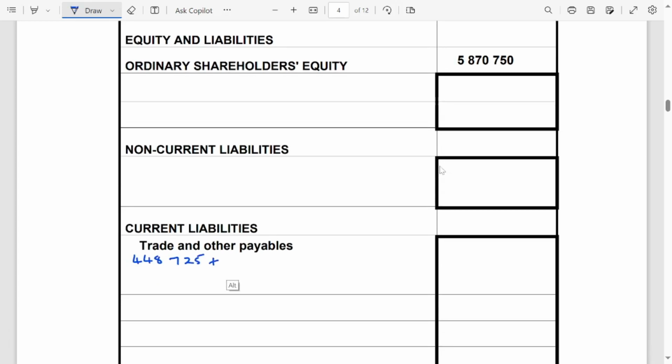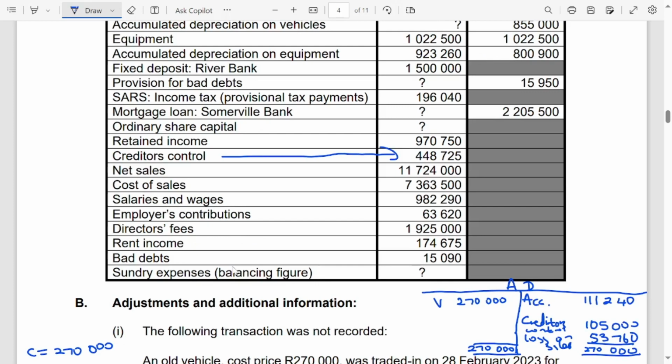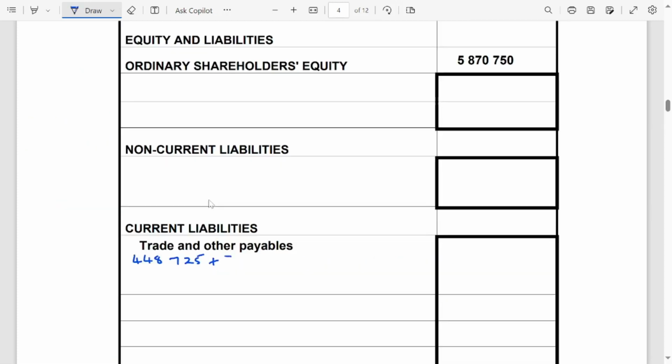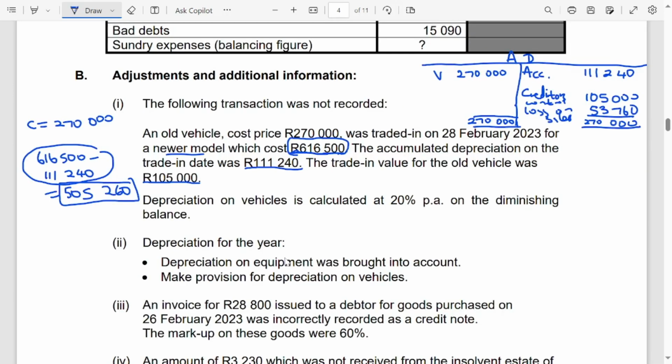We can do it this way: we can show this plus 616,500 minus this one, or we can just show this 505,260. Okay, let's continue. So what else?